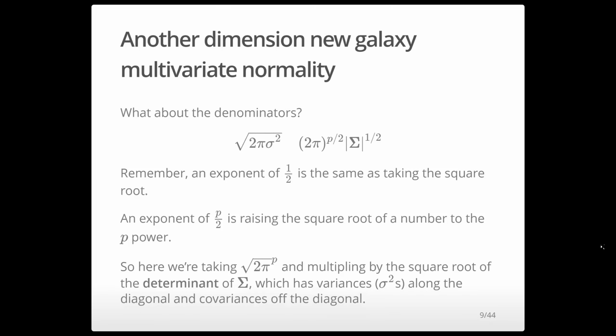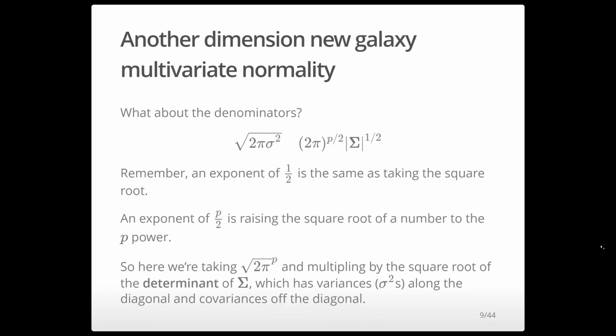And so let's look at the denominators here. The denominator in this division for the univariate normal distribution is square root of 2 pi sigma squared. And for the multivariate version, it's 2 pi raised to the p divided by 2 times the determinant raised to 1 over 2.